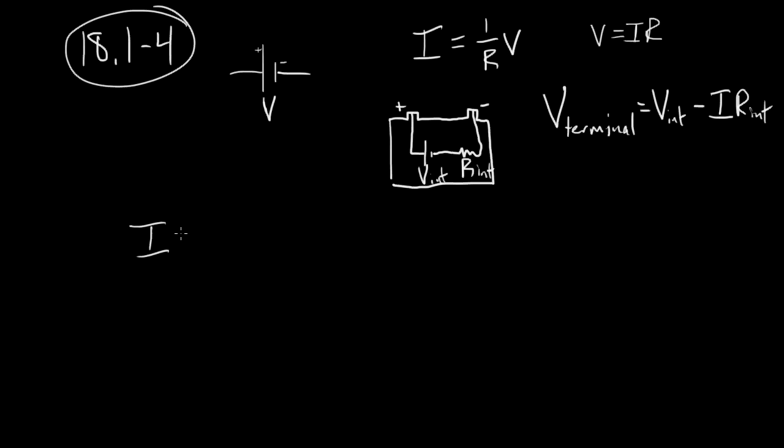Current is defined as the amount of charge that passes in a given amount of time that passes. So if we were to come here on this picture that I've drawn of a battery and add a little resistor so that now current can flow, then you'll have electrons that go up this wire through the resistor like this.